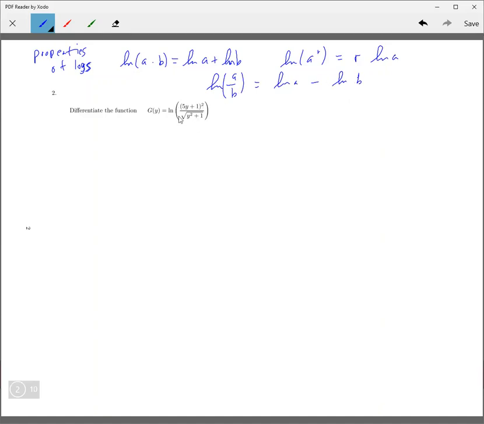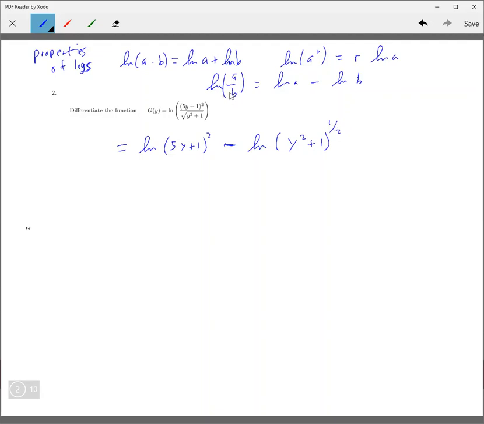Okay, so here what we have is a numerator and a denominator. So let's do this last property first. The numerator is 5y plus 1 squared. The denominator is, now if it's a quotient, then you subtract. And instead of writing the square root, I'm going to write it raised to the 1/2. Positive 1/2.